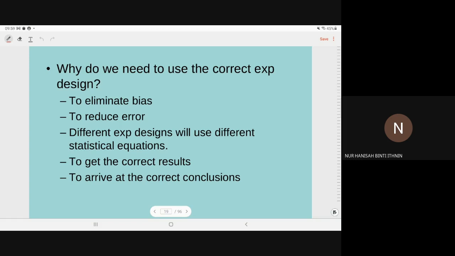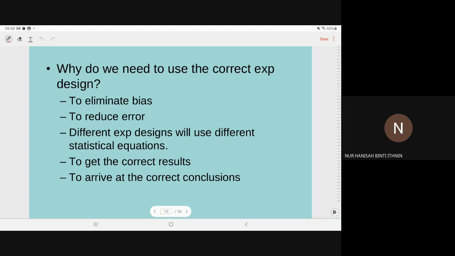Even though nobody will know, actually you are not getting the truth, the correct answer or results. Because different experimental designs are based on different sets of equations.